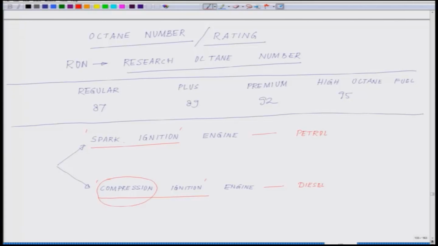Now regarding compression ignition, let me put this name: Diesel is actually not a fuel, it is named after a gentleman called Rudolf Diesel, who is the father of the form of engine that follows compression ignition, and that is why they are called diesel engines, which use diesel.